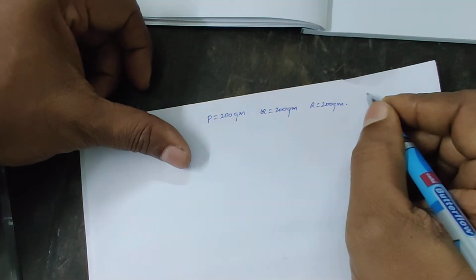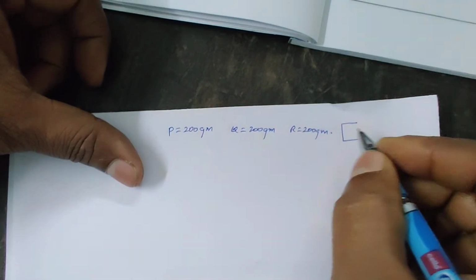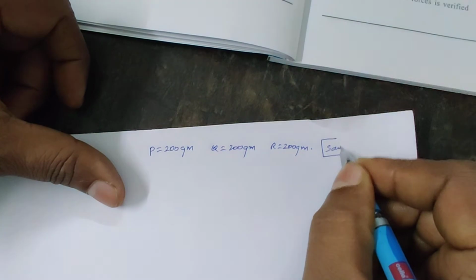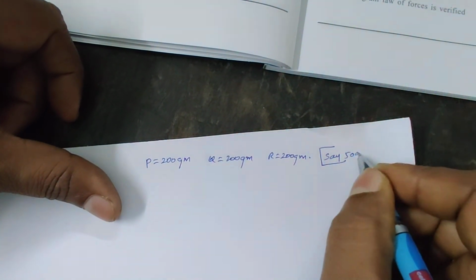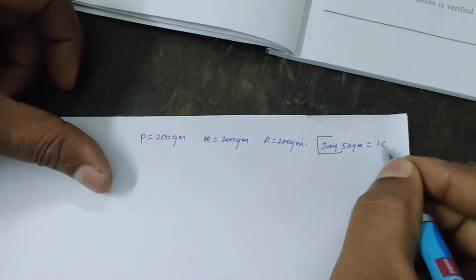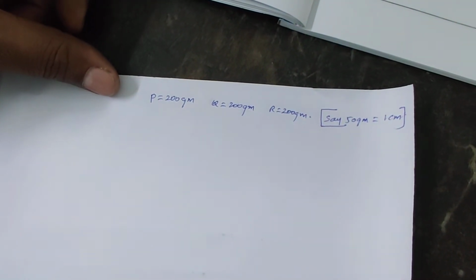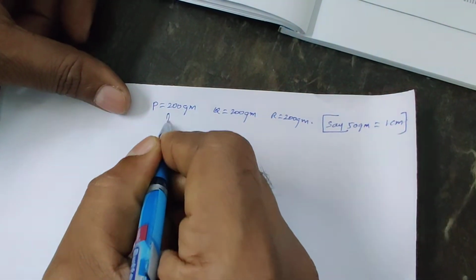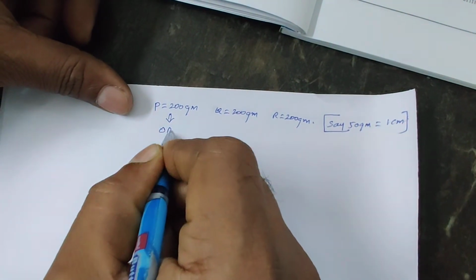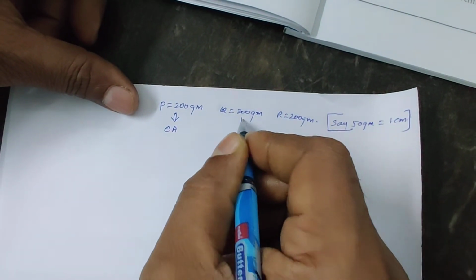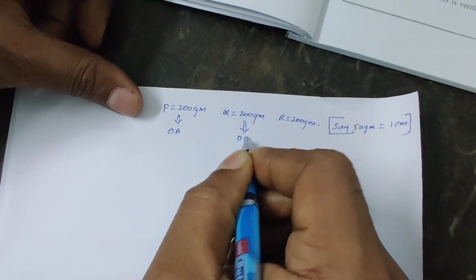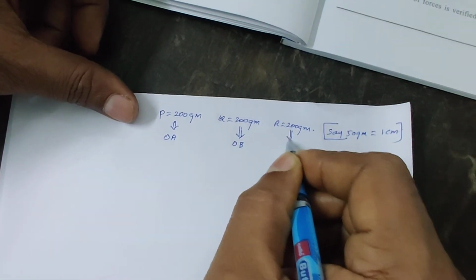For this we are going to fix a proper scale. For example, say 50 grams equal to 1 centimeter. That means P is going to be converted as OA, Q is converted as OB, and R is converted as OC.